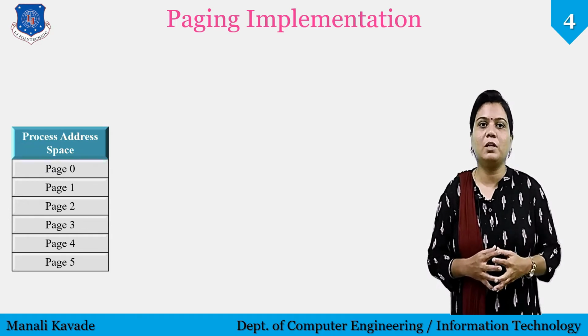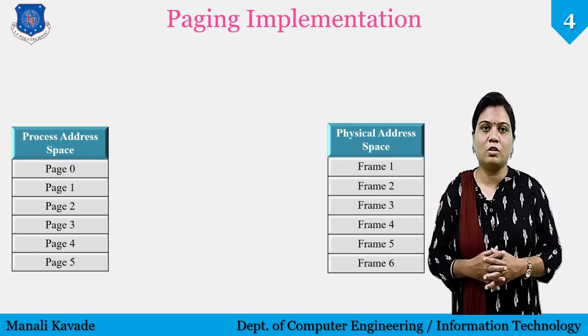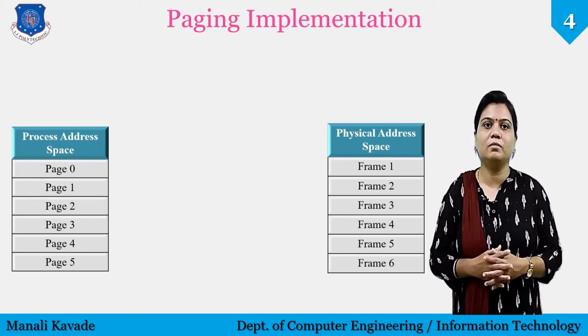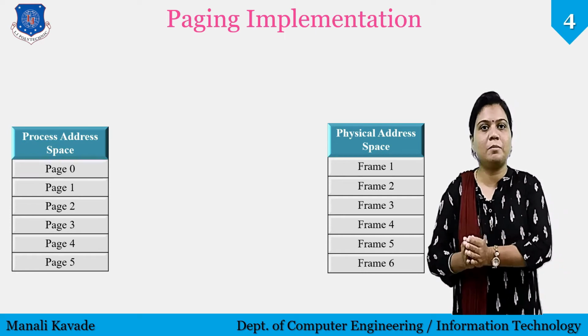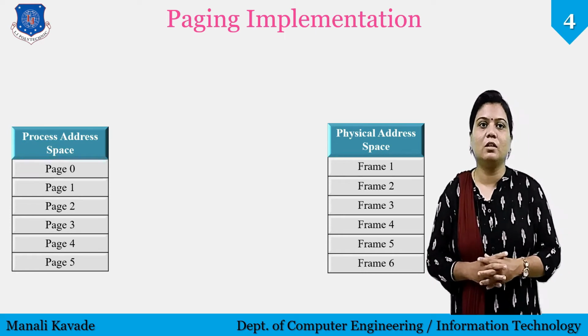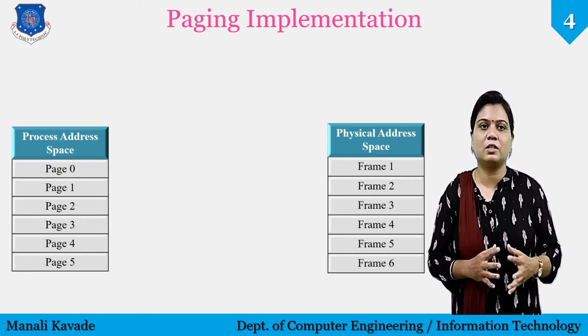Similarly, main memory is divided into small fixed size blocks, which is called as a frame, and the size of frame is kept same as that of page to have optimum utilization of main memory and to avoid external fragmentation.